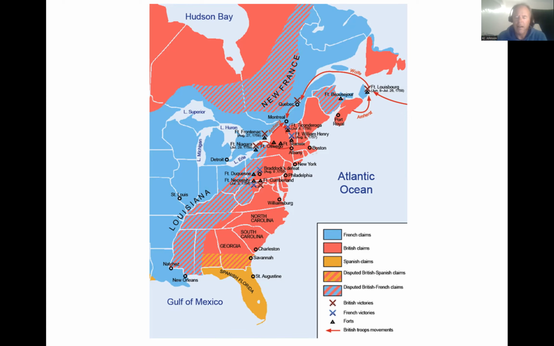And the key development here was the fate of this French port called Louisbourg, which is in the northern part of what is now Nova Scotia, which remained under French control throughout the middle part of the 18th century.